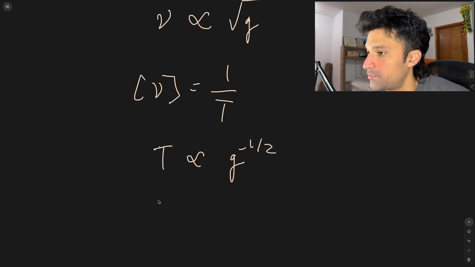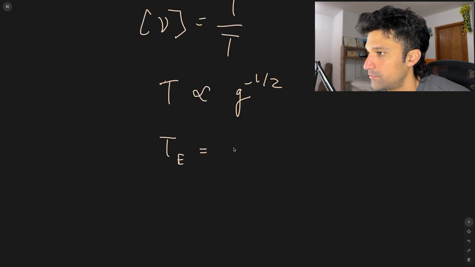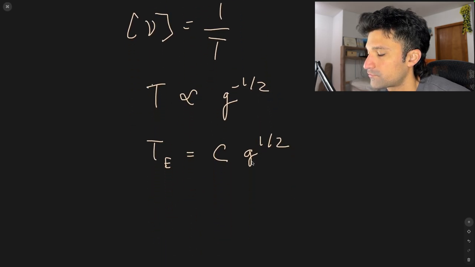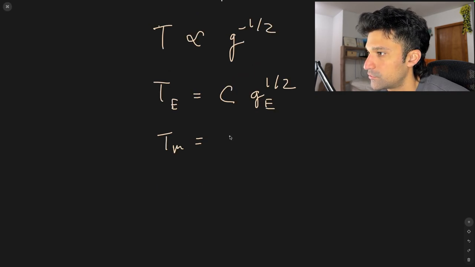So the period on Earth is some number times g to the minus 1/2. Then the period on the moon, lowercase m, the moon is not a proper noun, is equal to the same constant times g on the moon to the minus 1/2.